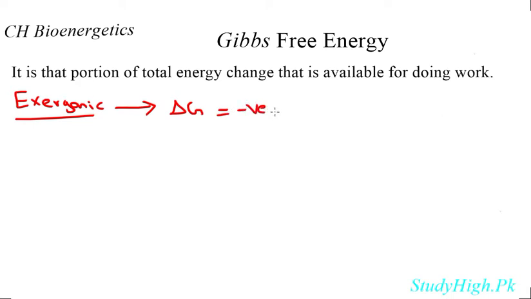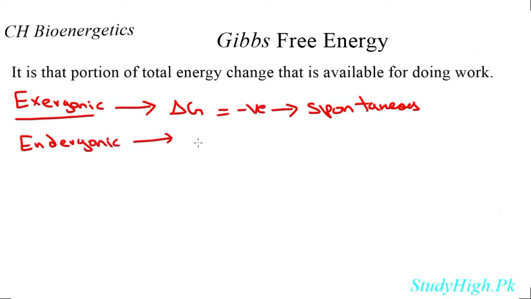It means that those chemical reactions for which delta G is negative are spontaneous and will release some available energy, whereas reactions that are endergonic in nature will require a definite amount of heat for their completion, and such reactions are non-spontaneous.